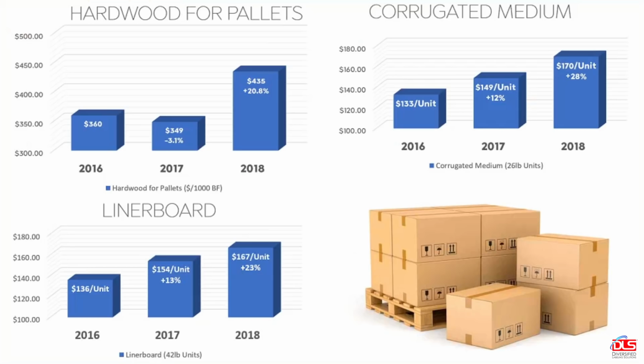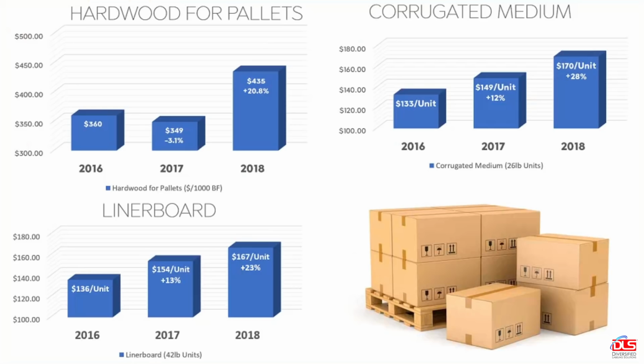So here we're seeing double digits across the board, an increase, no pun intended. Again, keeping with the trends, pallets, they're up 20.8%, and that's dollars per 1,000 board feet is what that's measuring.